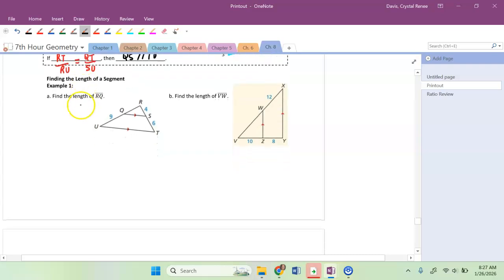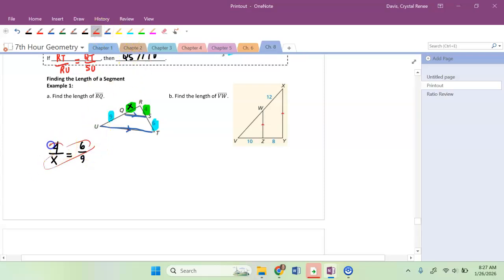All right, so let's look at an example. Find the length of RQ, which is here. The first thing I notice is these two sides are parallel, so that means it cuts them proportionally. So I can set up a proportion: 4 over x is equal to 6 over 9.